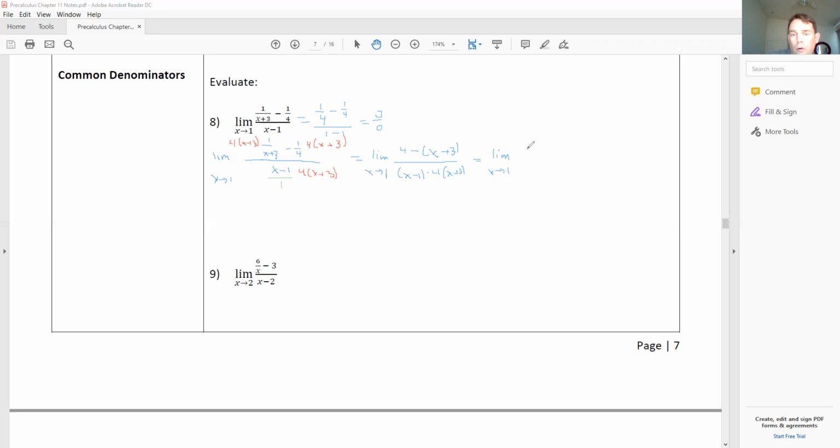And we end up with 4 minus x minus 3, and let's see here. I have negative x plus 1.